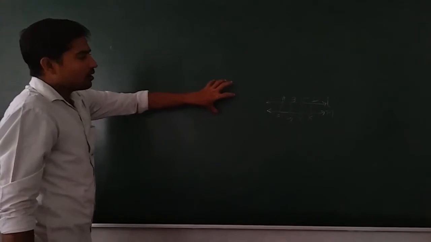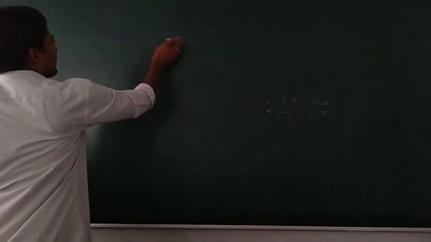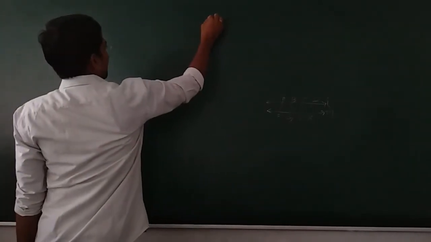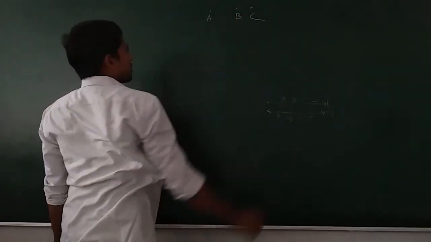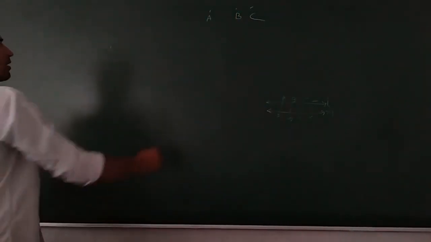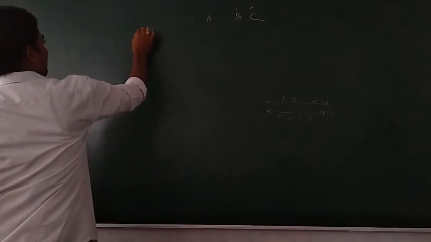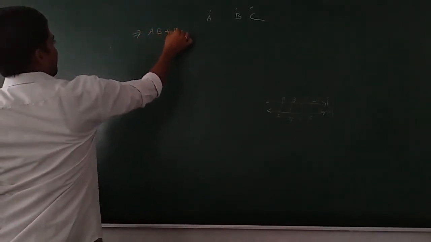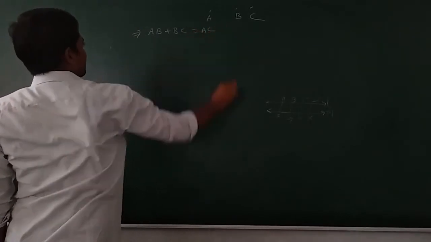See, suppose I take any 3 points A, B, C. If those are collinear, then AB plus BC equals AC, right?